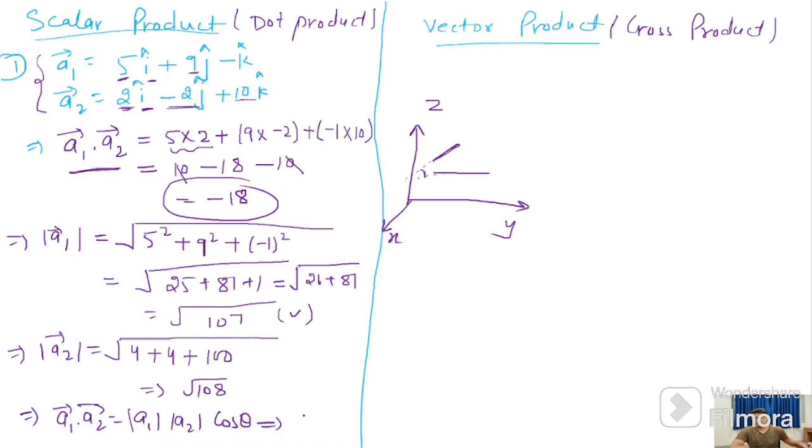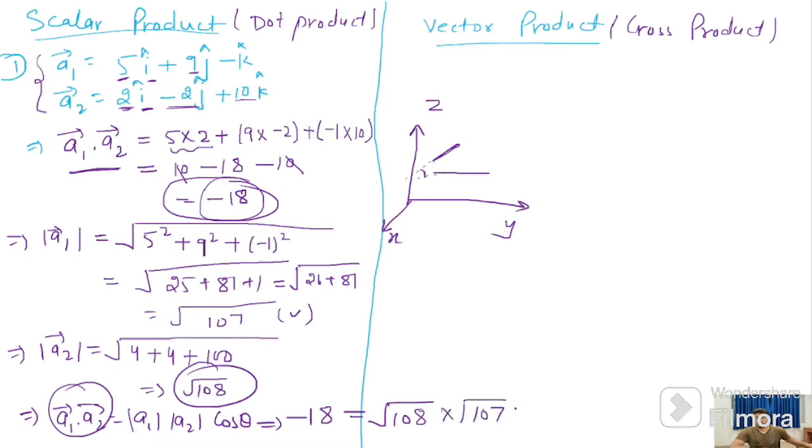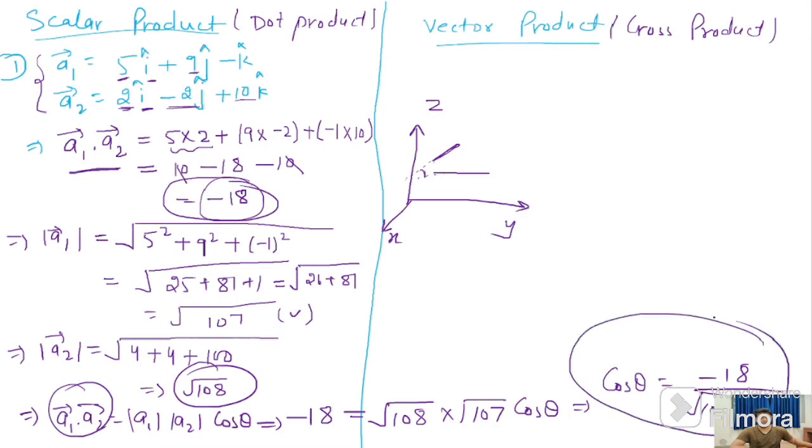That value is minus 18, which equals root 107 times root 108 times cos theta. Hence cos theta will be minus 18 divided by root 107 times root 108. By solving it, we will get the angle between the two vectors. Got my point?